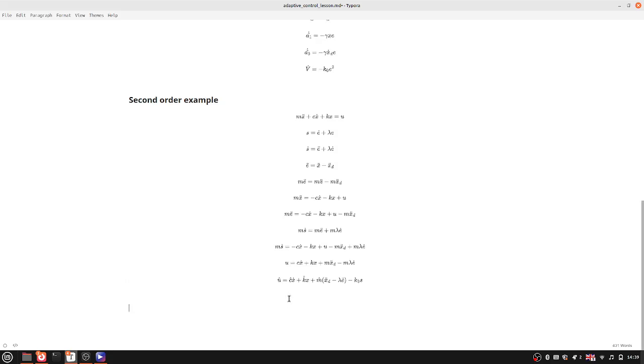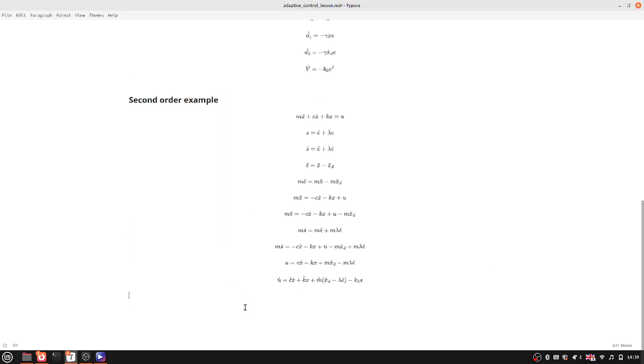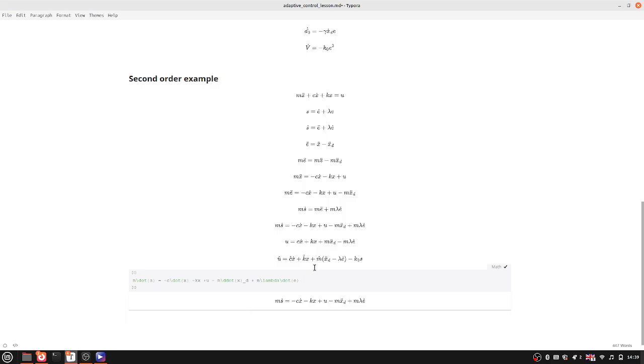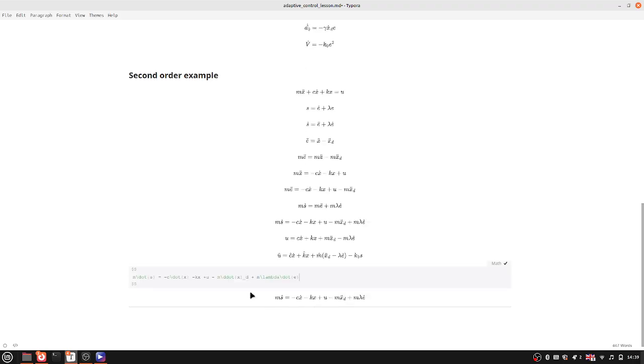So let's substitute U hat into our M S dot. So it's going to look like this. I'm going to copy it out because it's going to get quite long here. M S dot and then U hat we can just copy, like so, and replace the U term with all of them.